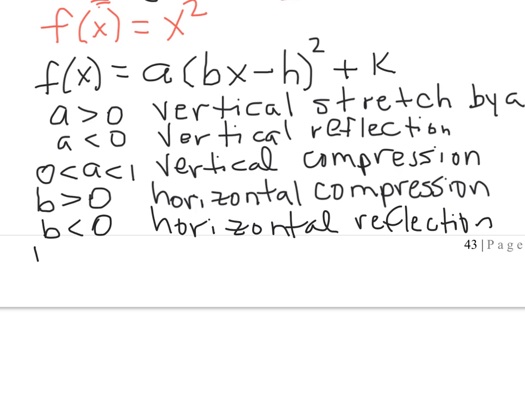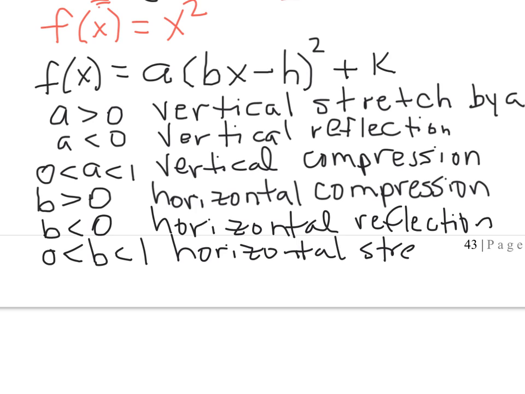Now when B is in between 0 and 1, we have a horizontal stretch, just the opposite of what we think we're supposed to have. Okay, so this would be a horizontal stretch.